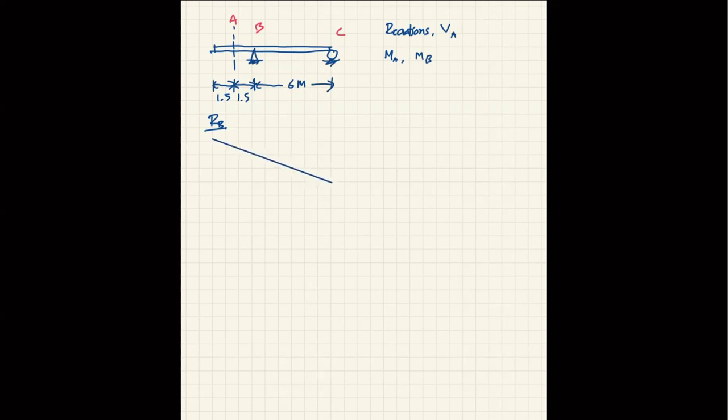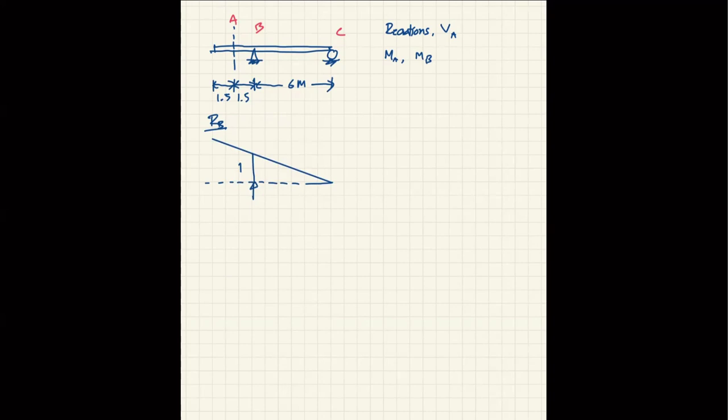Okay. And this is where B is, right? B pushes up the entire beam. And we know this is going to be the shape of our influence line. And we know that the reaction at B will have to be equal to 1 when you apply the unit load at B. So this height will be equal to 1.